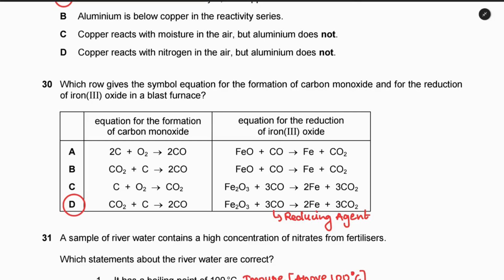So over here, the equation for the formation of carbon monoxide: you get carbon dioxide with carbon to get carbon monoxide. Same goes for the reduction of iron trioxide: it's going to be iron oxide plus carbon monoxide to give iron along with carbon dioxide, and carbon monoxide acts as a reducing agent. So the final answer is D.